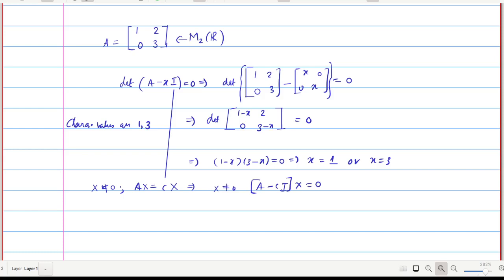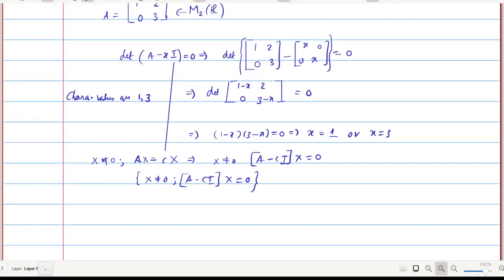These collections are called the characteristic vectors. From this set you can choose characteristic vectors. The characteristic vectors need not be unique; there may be more than one.